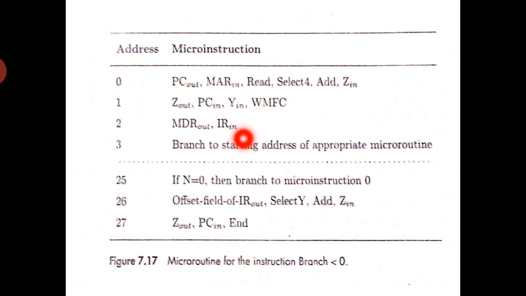After loading the instruction register, a branch micro instruction transfers the control to the corresponding micro routine, which is assumed to start at location 25 in the control store.